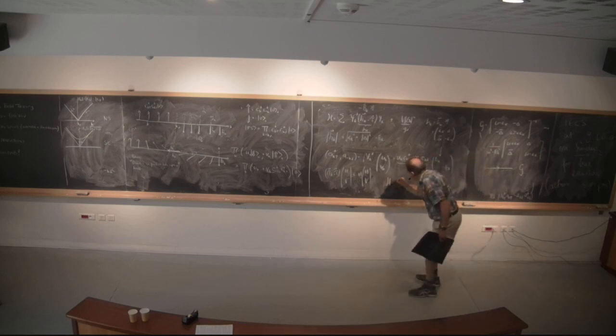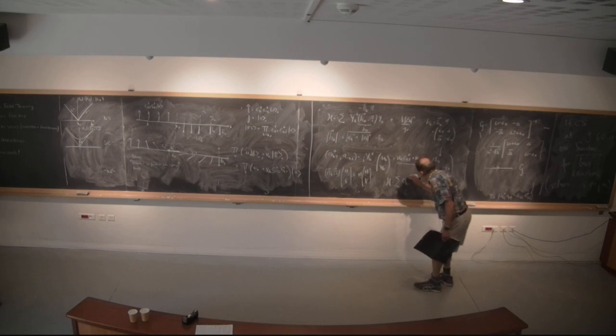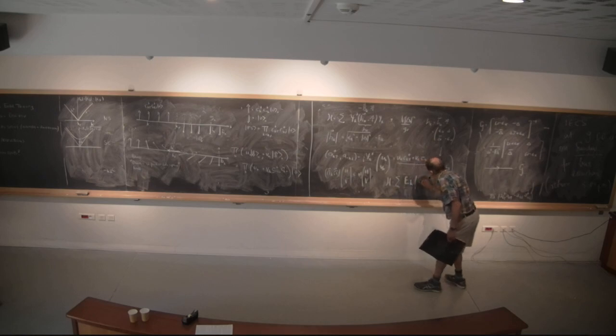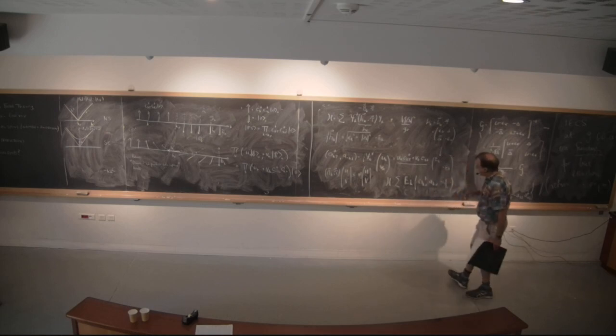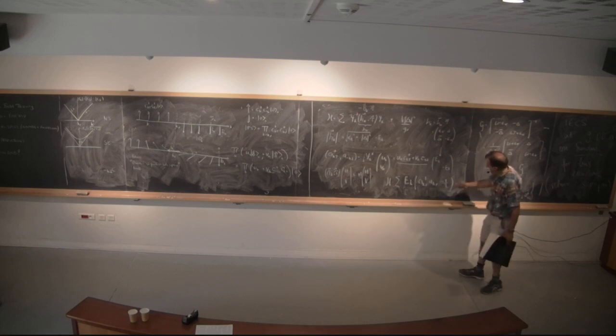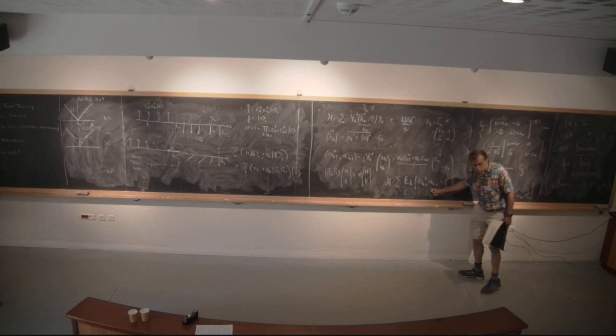The Hamiltonian then looks like, in this basis, the sum over k sigma of e of k times a dagger of k sigma a of k sigma, plus or minus a half. It's kind of like a weird harmonic oscillator with a minus sign here, where these are the new eigenstates of the problem.